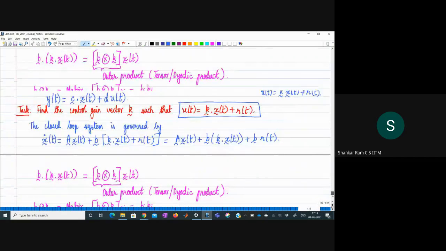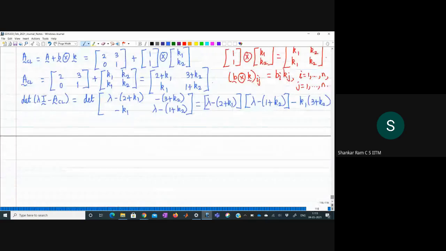Very simple algebra. Please stop me whenever there are questions. So now we expand. We'll get lambda square. Then if we collect the coefficients of lambda, we will have lambda times minus 2 minus K1 and then minus 1 minus K2.